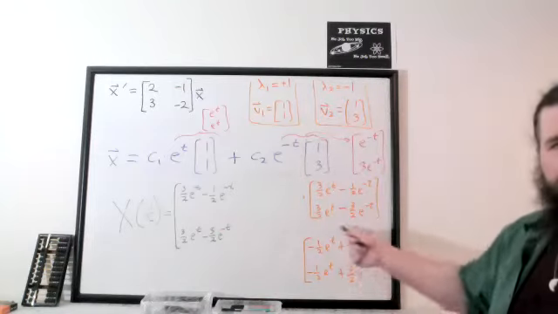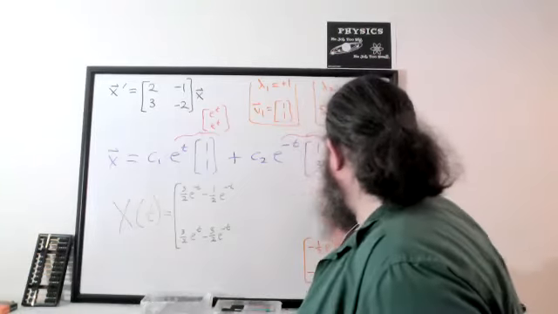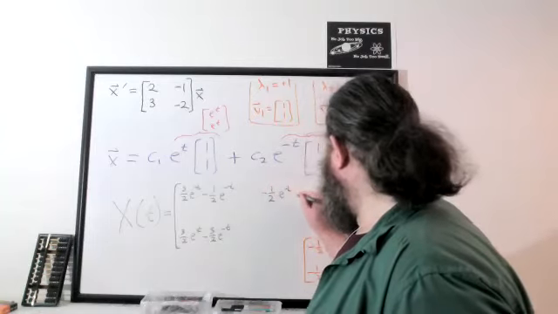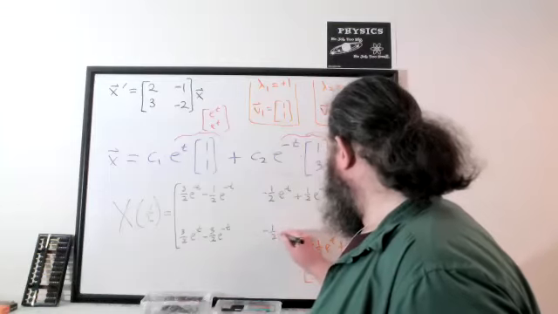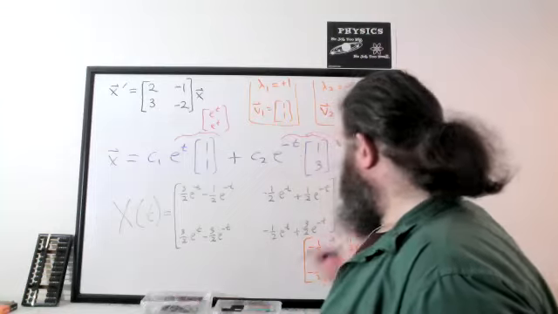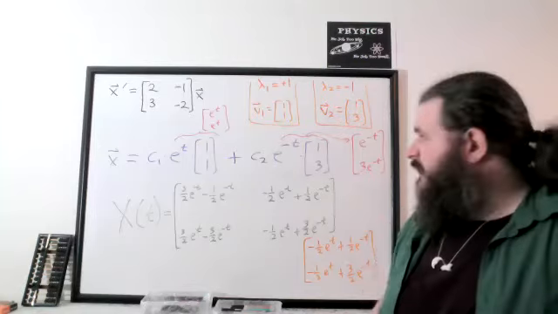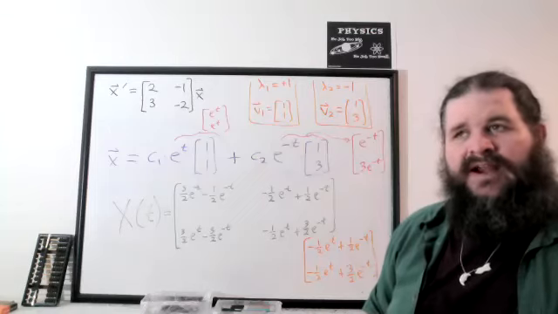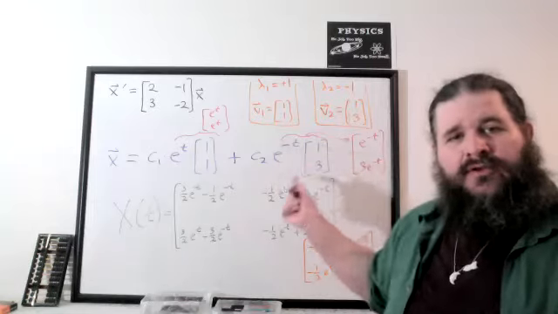And then the second column will be this whole thing. So this is our fundamental matrix. And it still represents all the information that was in our specific solutions from our fundamental set of solutions. We're just combining it together so that each column of this matrix is some linear combination of those solutions.